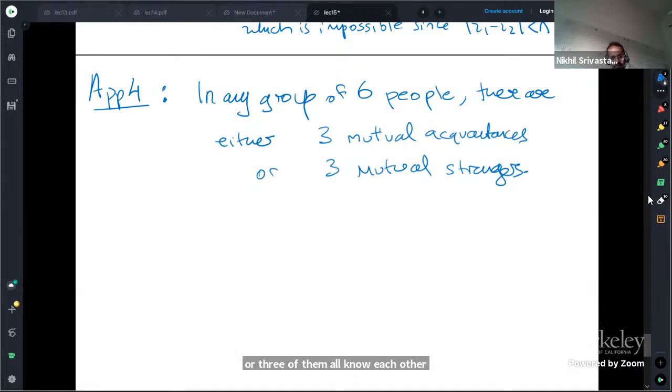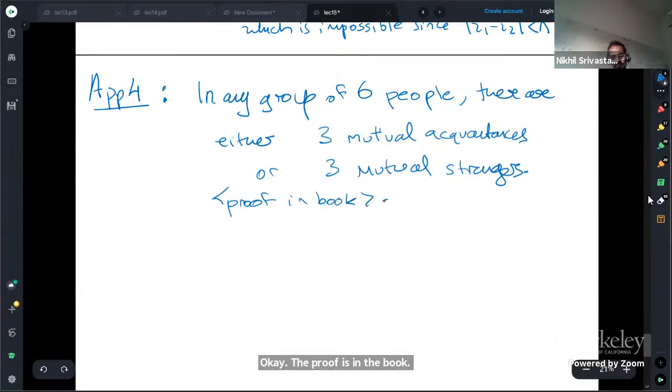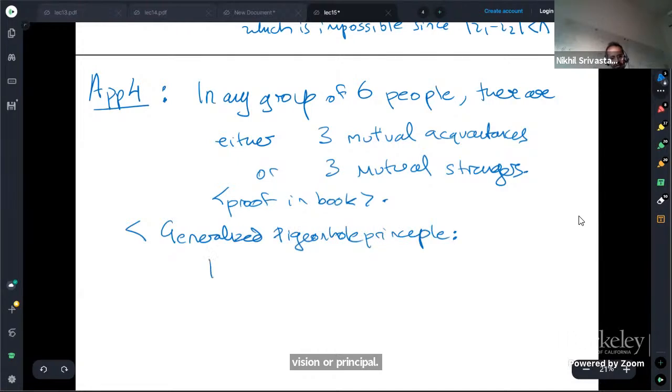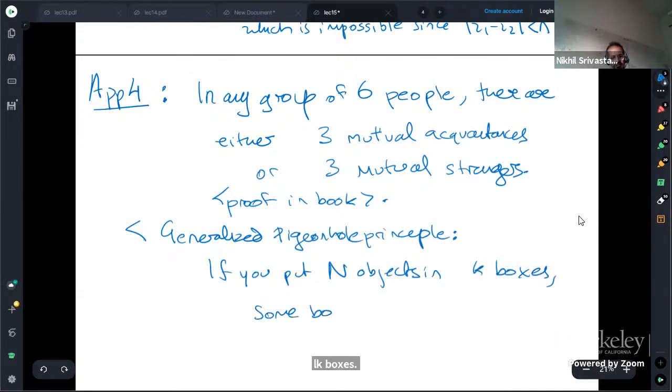Now, the proof is in the book. It's based on the Pigeonhole Principle. It's actually based on something called the generalized Pigeonhole Principle, which says that if you put n objects in k boxes, some box has at least the ceiling of n over k objects.